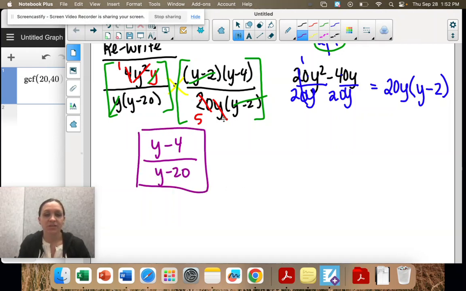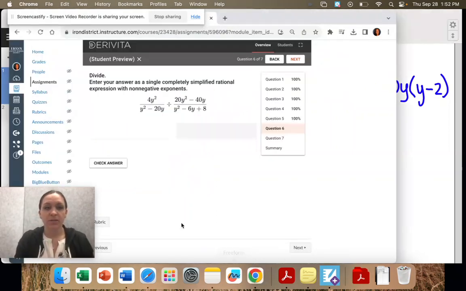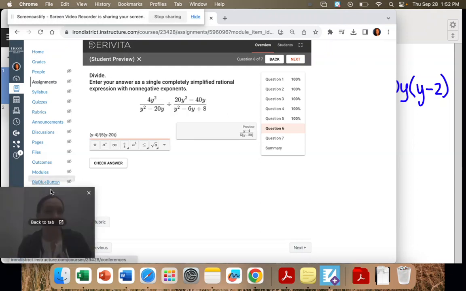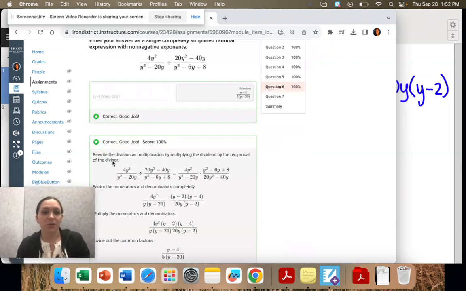So that's our answer. Oh, and a 5. Oh, I almost forgot the 5. We would have had it wrong. But there we go. Y minus 4 divided by 5, y minus 20. Look at all the parentheses. You got to make sure it matches what we wrote down.